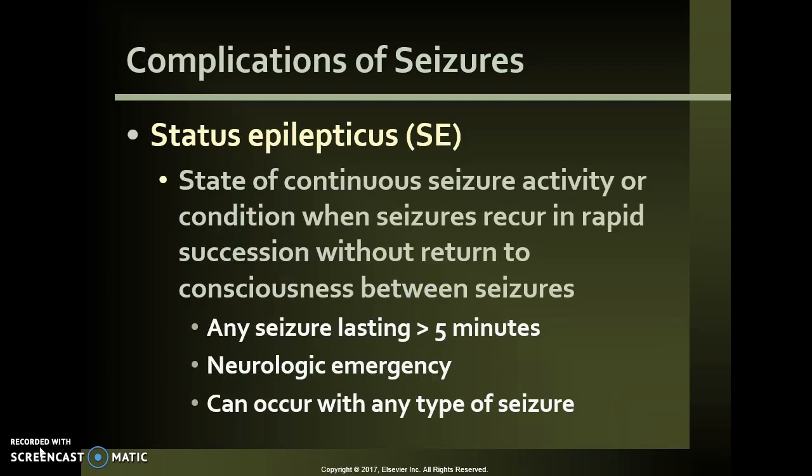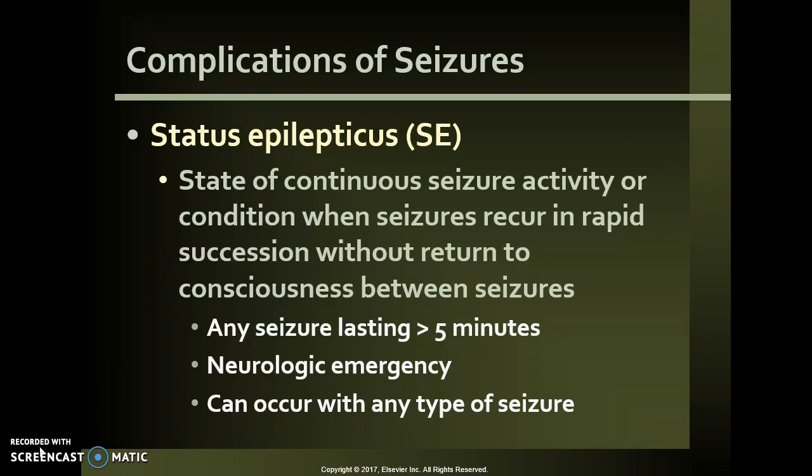Status epilepticus is defined as any seizure that lasts longer than 5 minutes. Longer than 5 minutes, that is a long time for seizure activity to occur. This is a neurologic emergency, and this can actually occur in any type of seizure. This is going to require a medical intervention.